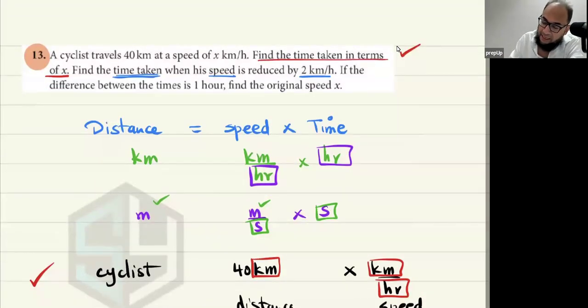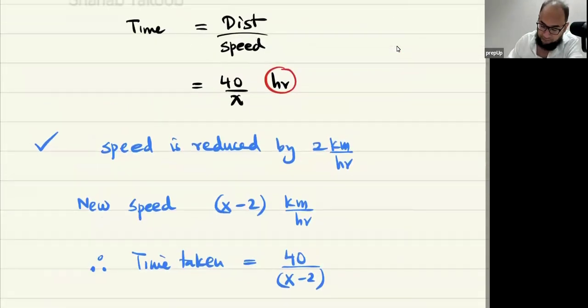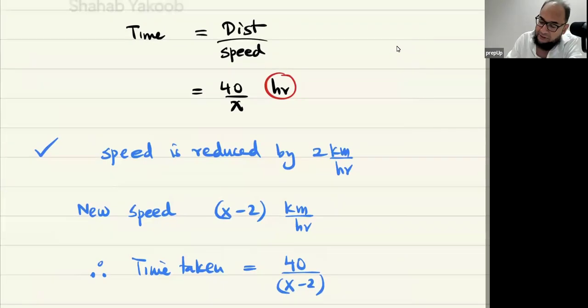Now it says if the difference between the times is 1 hour, find the original speed x. Now think for a second. This was the original speed. Let me highlight this. This was the original speed. This is the reduced speed. The distance is the same. If you reduce the speed, you will take more time.